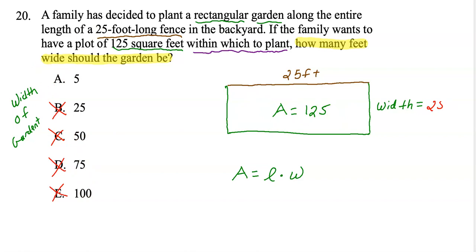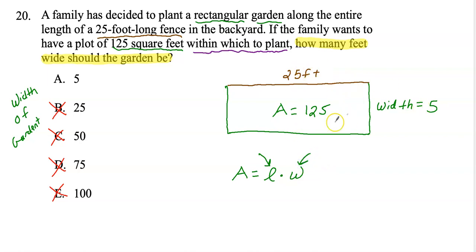Let's check it. Let's put the width of the garden to be 5. And I'm going to take 25, the length, times 5, the width.